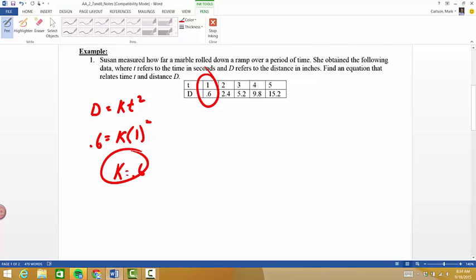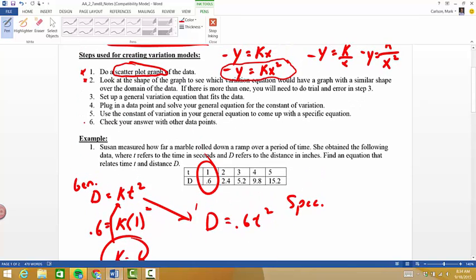There's my constant of variation, which brings me to my next step, where I rewrite this with the k value plugged in. I'm going to say d equals 0.6 t squared. The previous one was the general equation; this is the specific equation, because it now has a value for k in it. So we've taken our way through these steps.